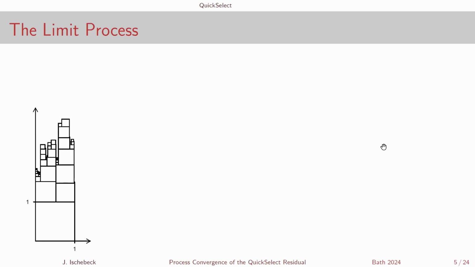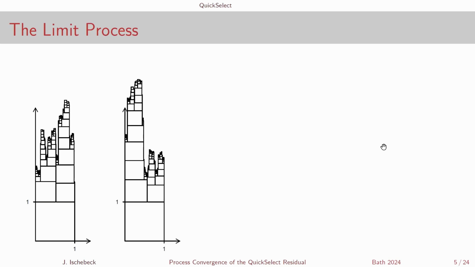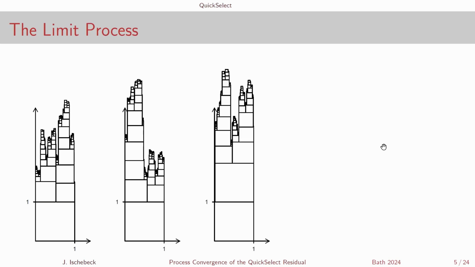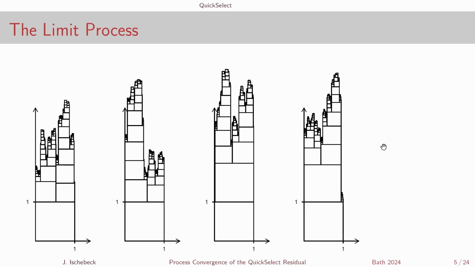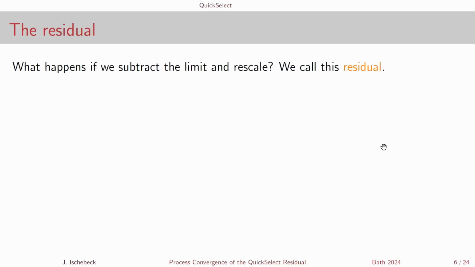And as you see, the squares are getting geometrically smaller, so this thing converges, and it might also look like this, or this, or this. Okay. But this we already knew.